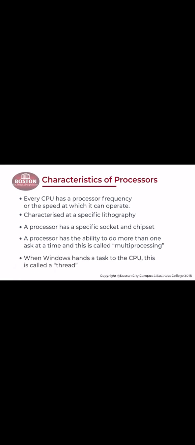A processor has a specific socket and chipset that it can use. There are Intel's sockets and chipset and AMD's sockets and chipsets. A processor can have an ability to do more than one task at a time, and this is called multiprocessing. When Windows hands off a task to the CPU, this is called a thread.